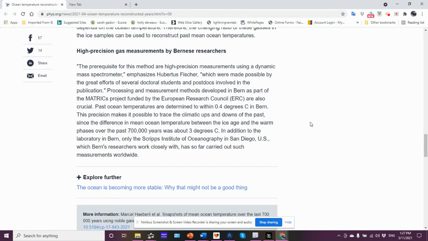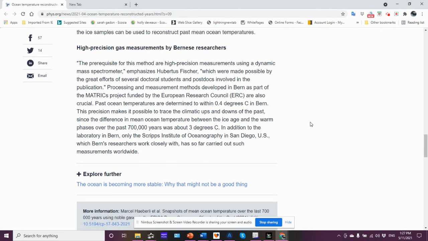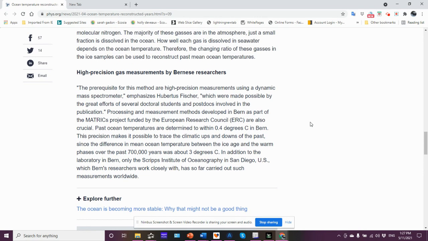The precision makes it possible to trace the climate changes, warmings and coolings of the past, since the difference in mean ocean temperature between the ice age and the warm phases over the past 700,000 years is about 3 degrees C. And Scripps in the U.S. is the other team that also is carrying out such measurements, because they also have a very accurate, precise mass spec.